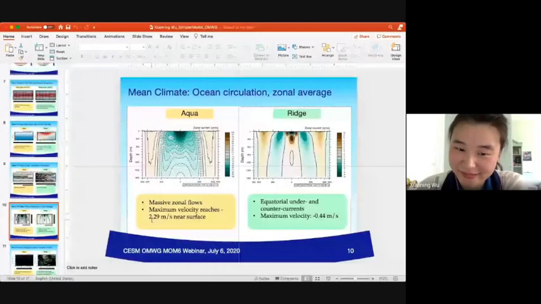Mine were ridiculously large, like 4 meters per second. Yeah, mine, with MOM6, it's not. It's still pretty large. Let's see on this slide. Yeah, the maximum is more than 2 meters per second. More than 2, yeah.